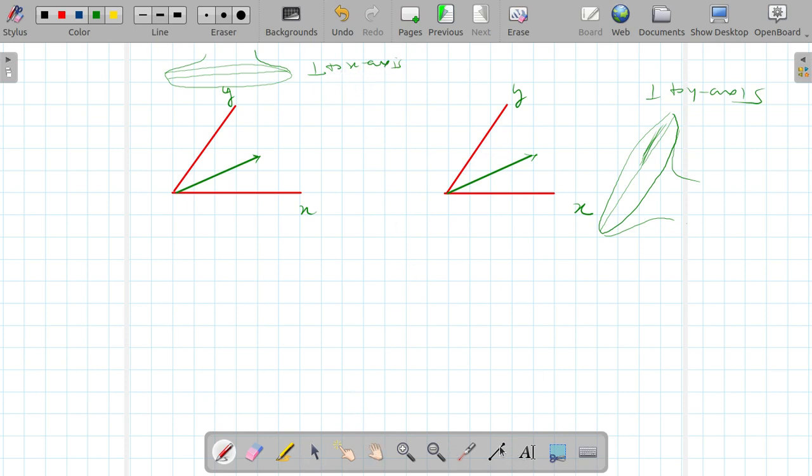So if this is happening, say rays are coming in this way. This is the direction of the rays coming from the source, and similarly in this case the rays are coming in this way.